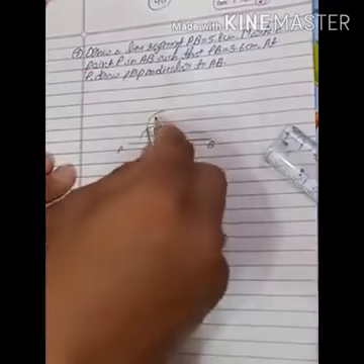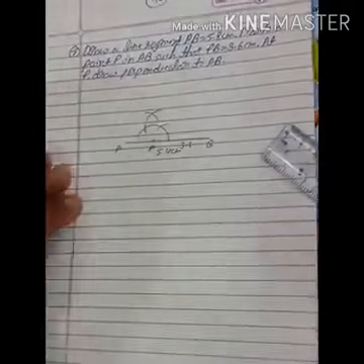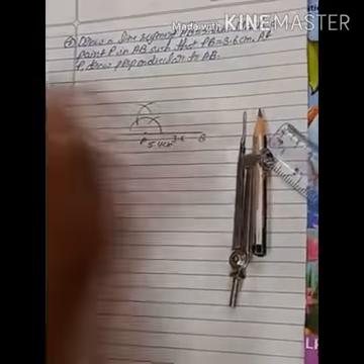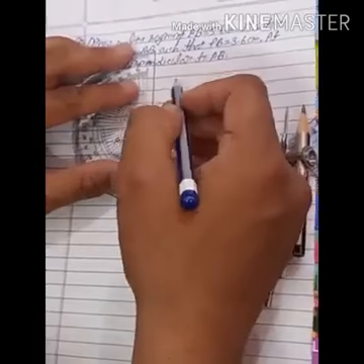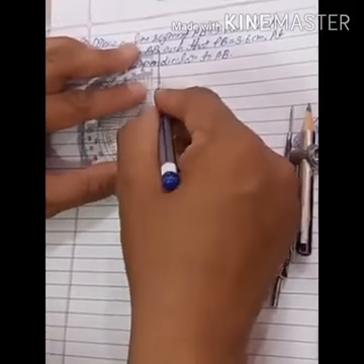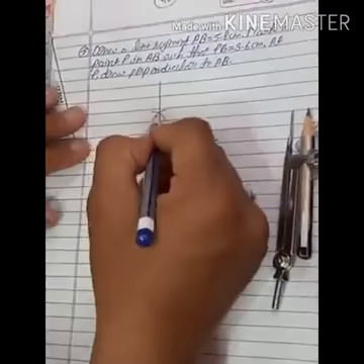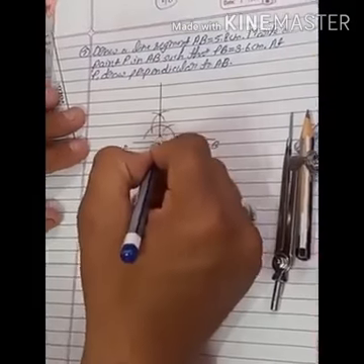This arc 60-degree. And one more arc, one arc from here, one arc from here. So it means we had drawn 90-degree angle. So join this like this. So this angle is 90-degree.